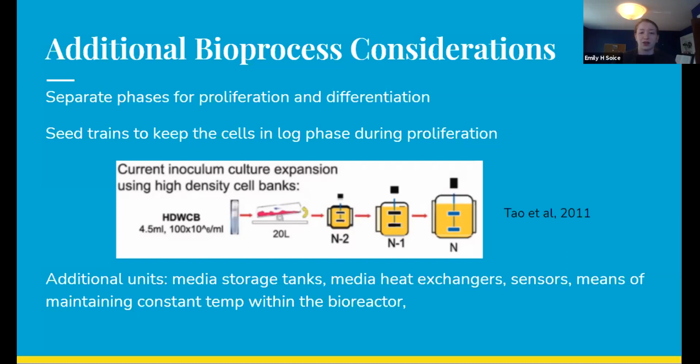So when you start from your initial biopsy, you can use what's called a seed train to help train the cells to grow into a larger bioreactor. And then you also want to think about additional features to that large tank.